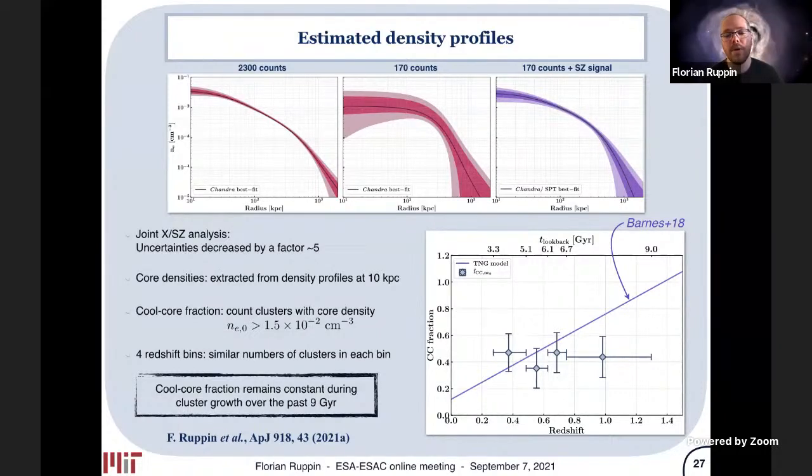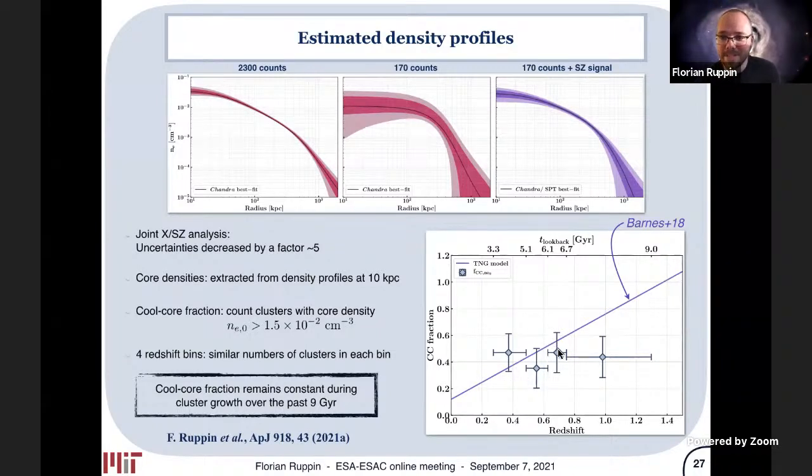Yeah, of course. First of all, you are completely right. There are multiple definitions of what the cool core is, whether you rely on the entropy flow, the density, or the cuspiness of your X-ray surface brightness profile. Here, when I'm comparing the data with the simulation, I'm using the same definition. So this curve here in purple has been obtained by using the ICM density as a proxy for what a cool core is.